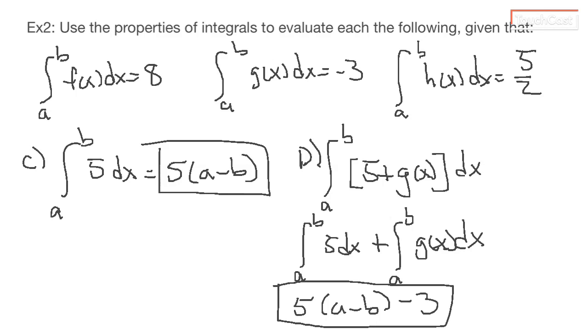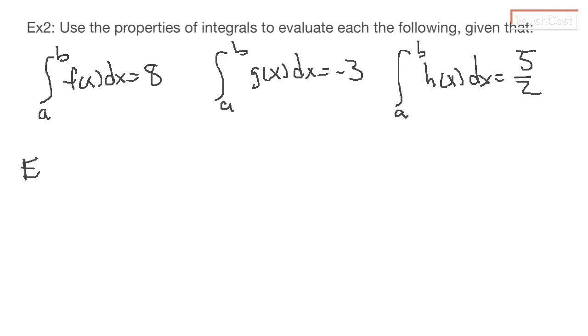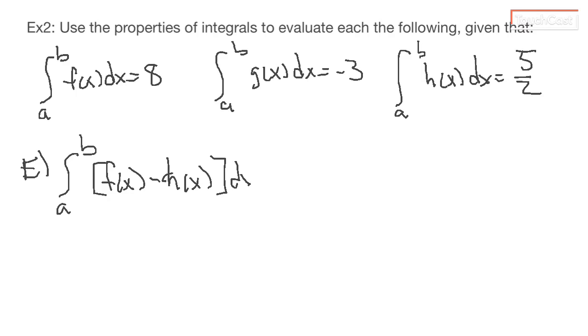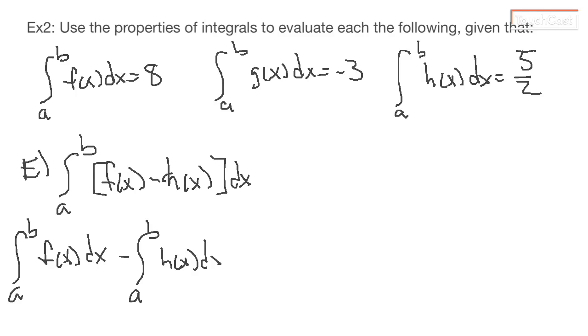Let's look at E. E, we're looking at the integral from a to b of f of x minus h of x with respect to x. So we can write this as the integral from a to b of f of x with respect to x minus the integral from a to b of h of x with respect to x.